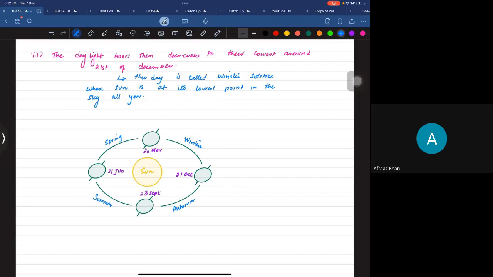Now I am going to tell you that the earth is rotating like this, like that, and I'm going to put some values here, so please look at them very carefully. A, B, H, C, that's D, E, F, and that's G. I'm going to explain what is happening in this.